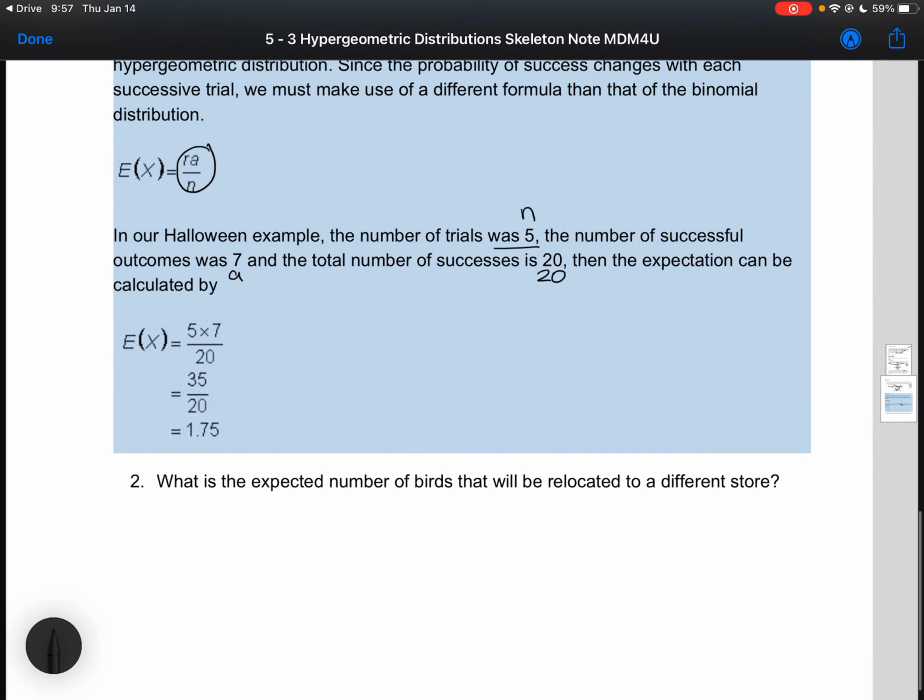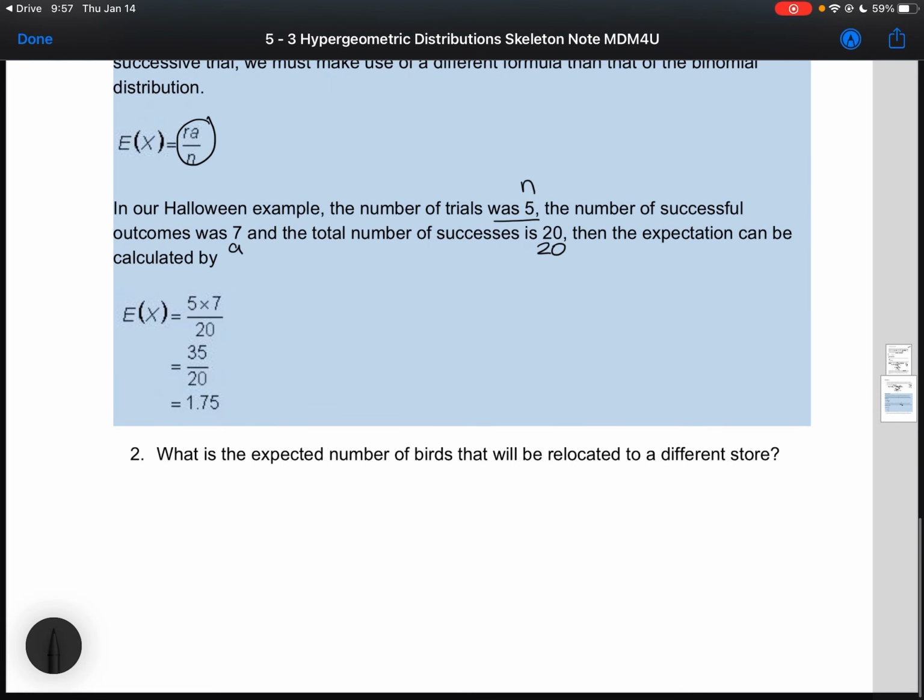Here, we're going to calculate the expected number of birds that are going to be relocated to a different store. We've got 14 pets, which is our N value. We've got 5 that are being relocated, so this is our R value, same as before. And then we've got 6 total birds, which is going to be our A value.